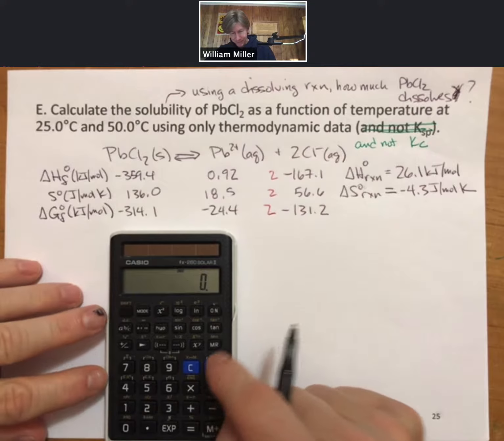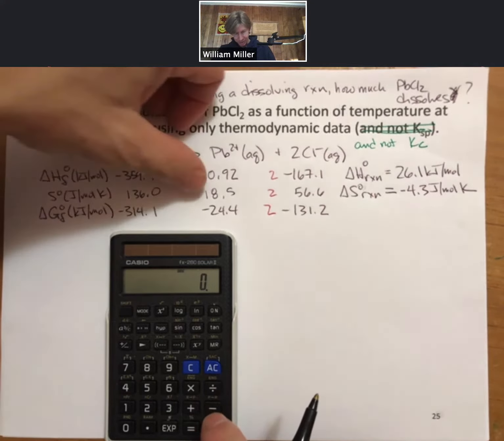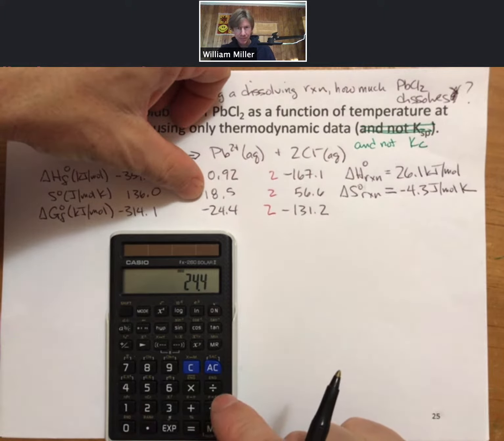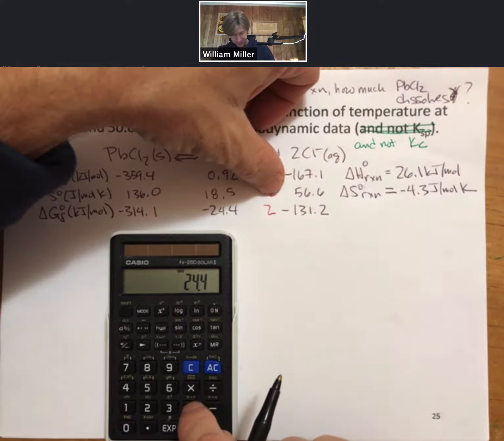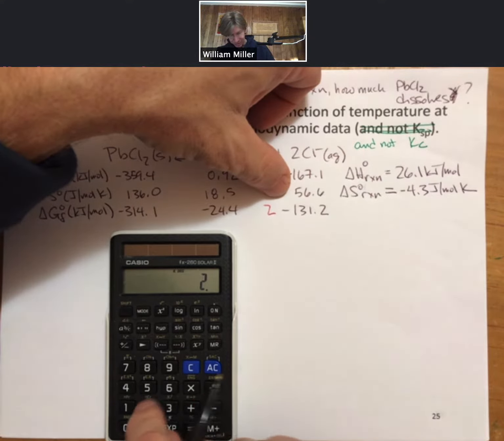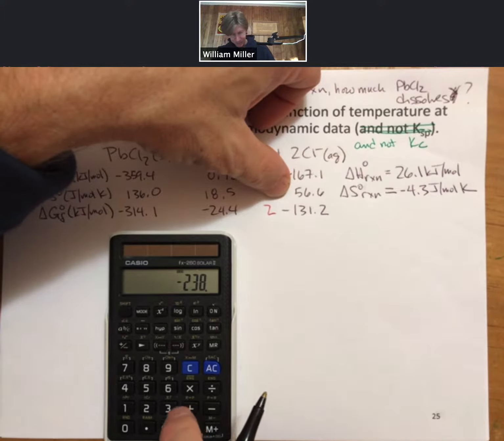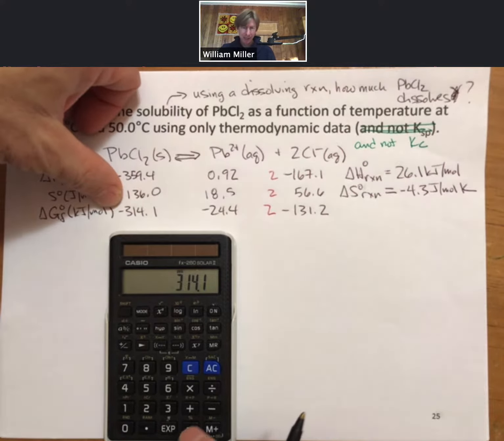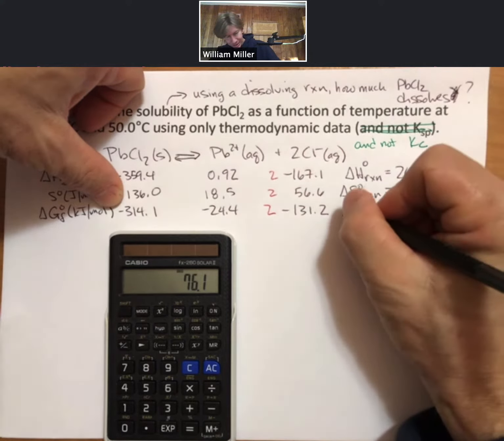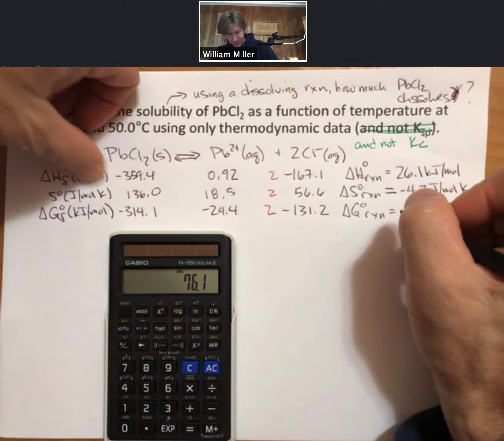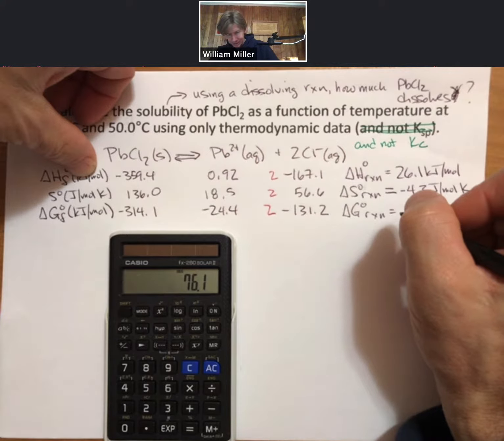Let's go with it. And then delta G, so 24.4, which is negative. Add a negative number, so minus 2 times 131.2, minus 238, I think I did that right, plus 314.1. It's really a negative of a negative, that's why I did a plus. Delta G reaction equals, something's up here.